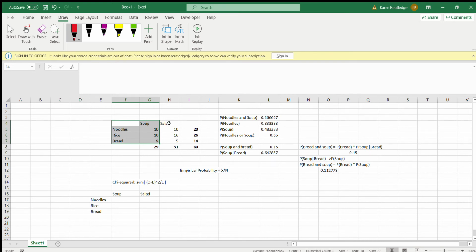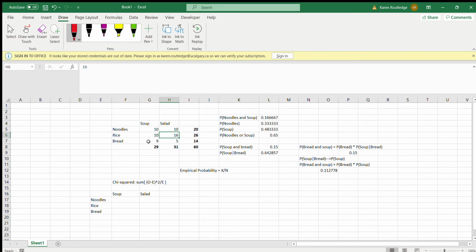And so we would put another column here and somehow come up with what we think the probability of noodles should be, or what the count of noodles should be, and what we think the count of rice should be, and what we think the count of bread would be. In this particular case, we have no particular reason to assume that any particular number of days should be noodle days or rice days or bread days.